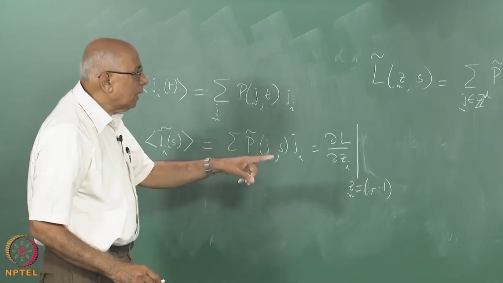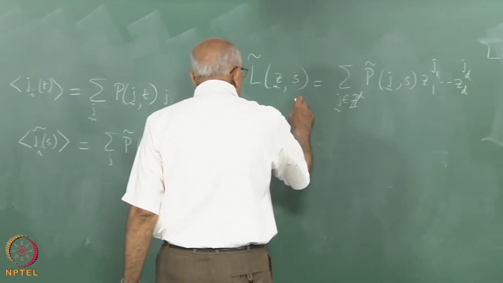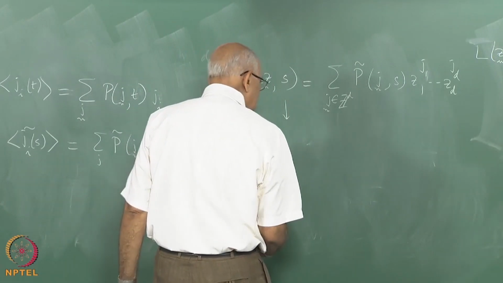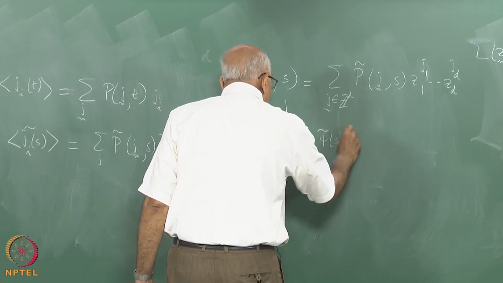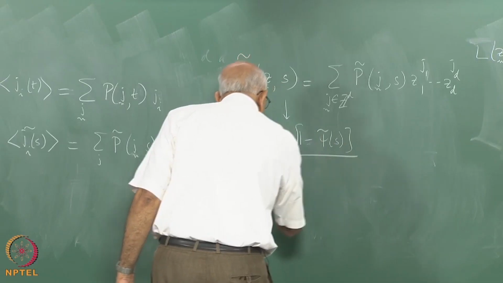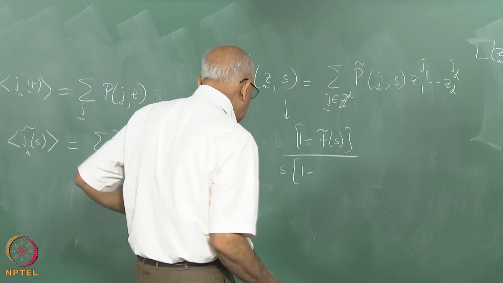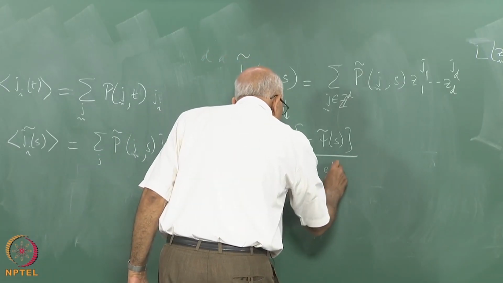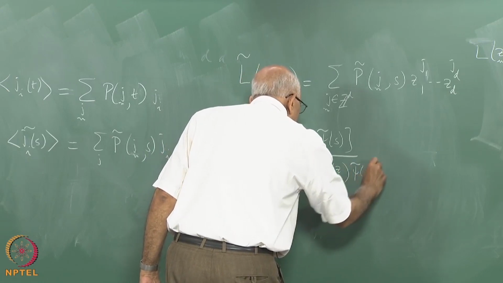Now when I differentiate that, what is going to happen? Recall that we had a formula for this. You have to remind me of what this formula was: 1 minus psi tilde of s in general divided by s times 1 minus, now I am not very sure what really happened, there was a g of z and then psi tilde of s.